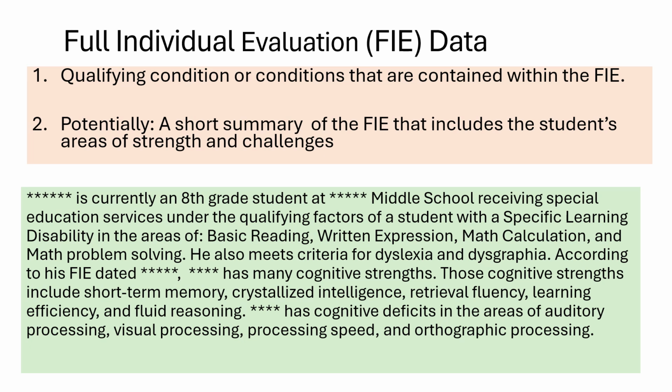Okay, time out. What does all of that do? How does that help us? Well, it tells us that this student has a learning disability that's really going to impact learning in reading, writing, math calculation, and math problem solving. And that he has the condition of dyslexia, probably for the basic reading, so that reading words or knowing the code for the English language in order to be able to read is a difficulty.